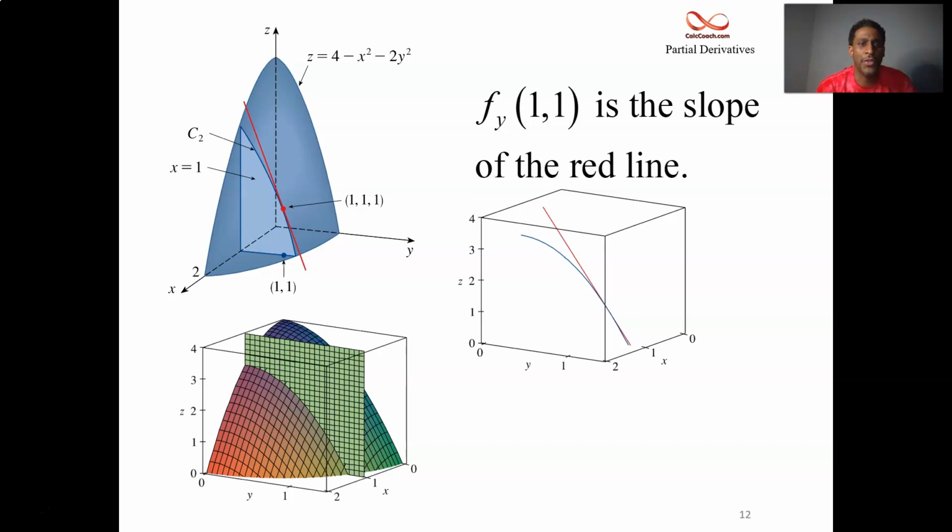And so the y partial is minus 4y. You're steeper in the y direction than you were in the x direction. The slope is minus 4, meaning that if you increase y by 1, then z should go down by 4. And so that's what's going on here with the meaning behind the number that you calculate.